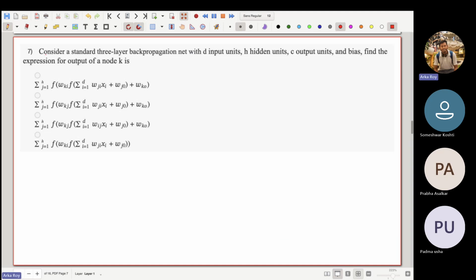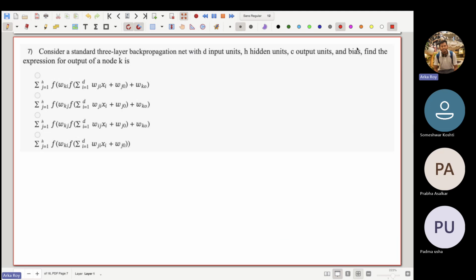So in question 7, it is stated: consider a 3-layer backpropagation net with D input units, H hidden units, C output units, and the corresponding biases as well.